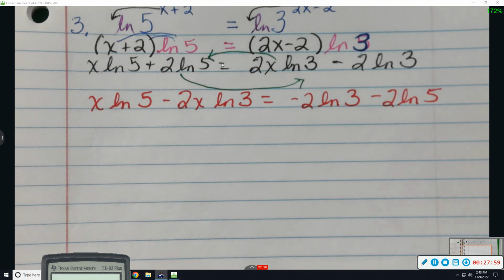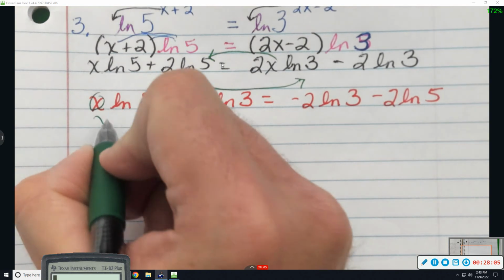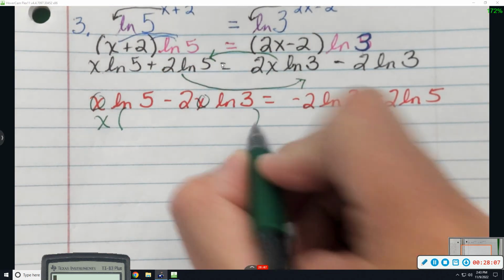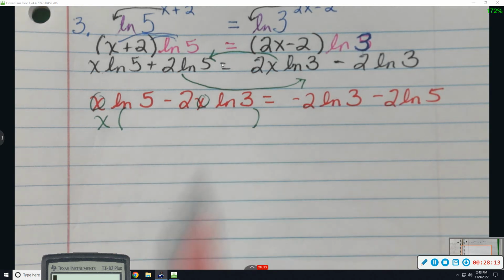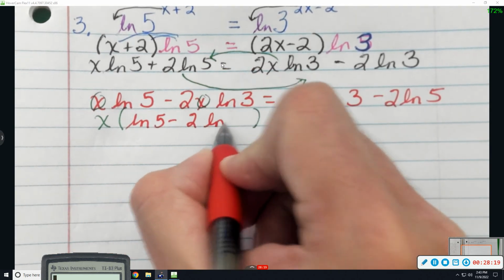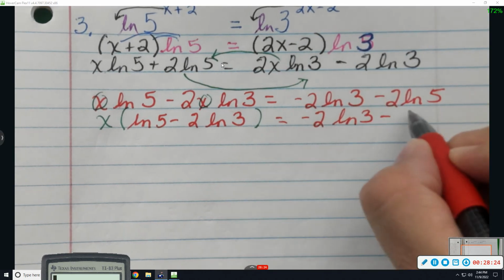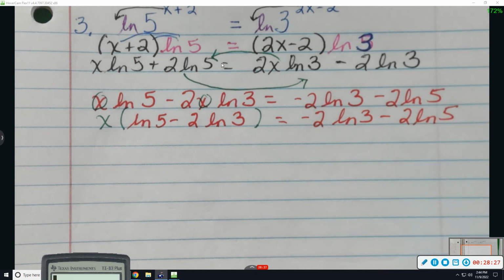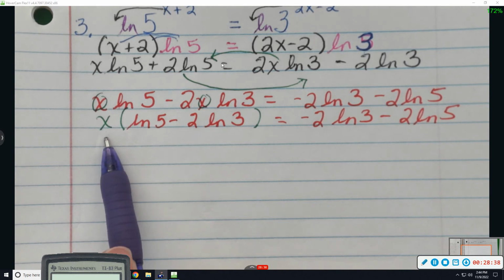Now we're going to factor an x from each term. So just write x in parentheses. And just whatever's there without the x is what goes in the parentheses. It'd be ln 5 minus 2 ln 3, and divide both sides by all of this stuff here in order to get the x by itself.